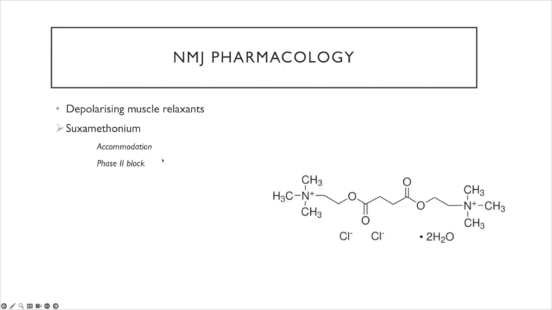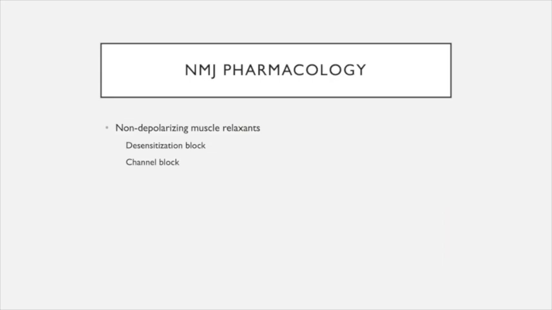They suspect there might be a change, but it's not very clear what all the mechanisms involved in the phase 2 block are. Another reason is that giving lots of succinylmethonium can lead to excessive efflux of potassium. The electrolyte imbalance that occurs might be a contributor to the phase 2 block.